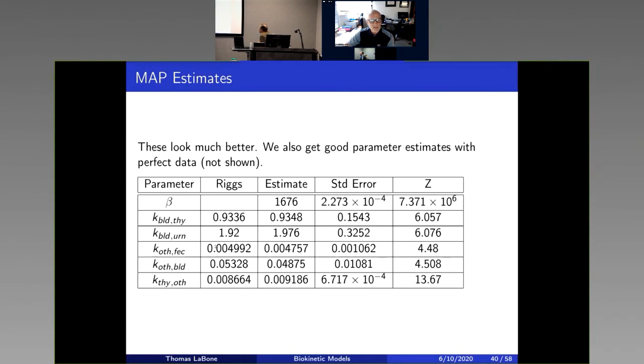You'll see that I'm getting back values for these two rate constants that resemble Riggs, and I'm pretty confident in them. The errors are quite small, and this is really giving me back numbers that don't alarm me as far as what's going on. I can also run this on the perfect data. I didn't show it because it also comes back with good results. There's no problems with it.